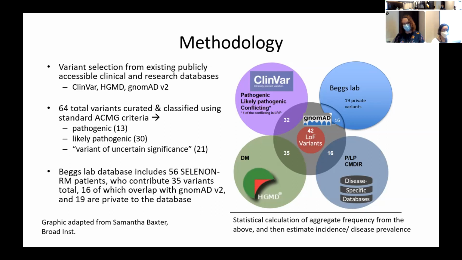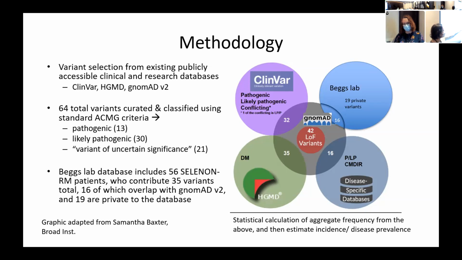And gnomAD in particular, they've literally sequenced thousands of individuals in the supposedly normal population. And then from that, we can say, oh, how many of those people maybe do not know that they are SELENON carriers?